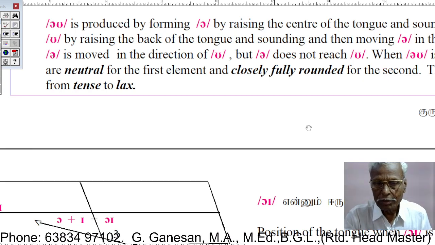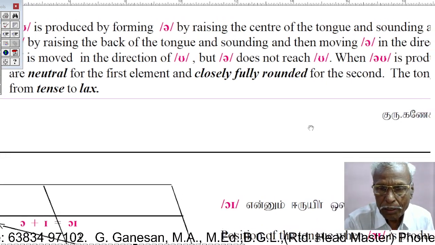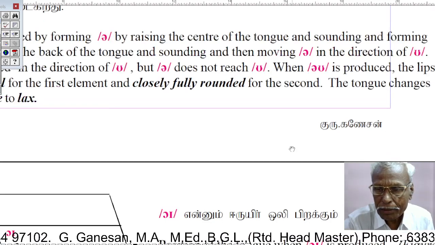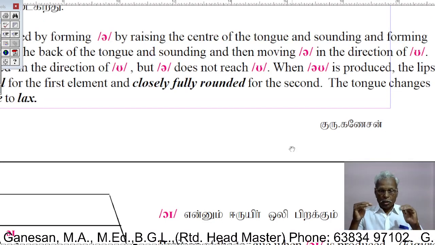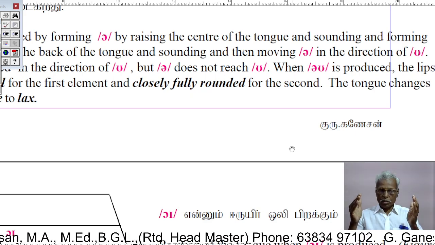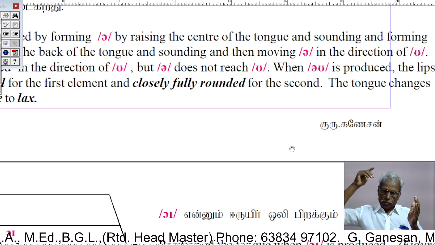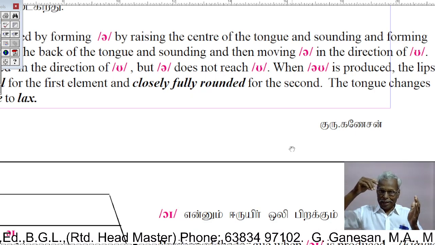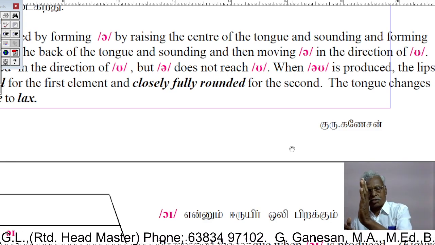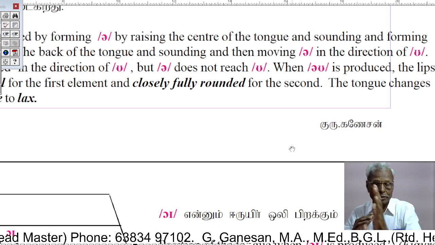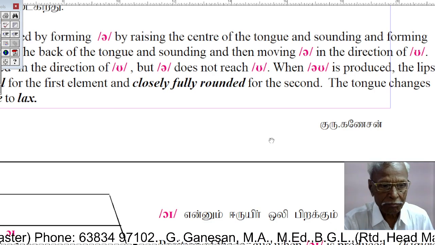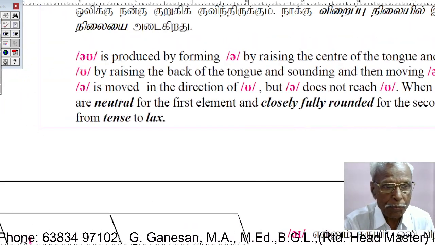The tongue changes from the lax position to the tense position. That is, the tongue changes from lax to tense position.